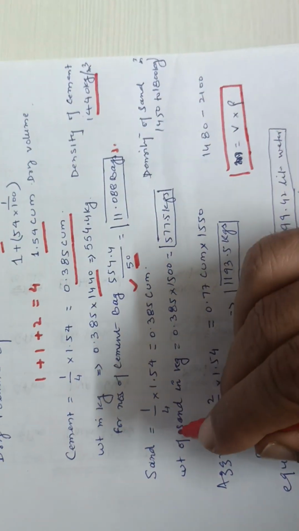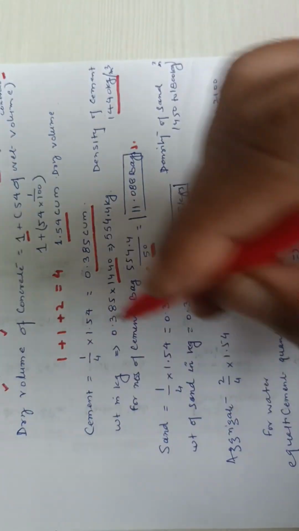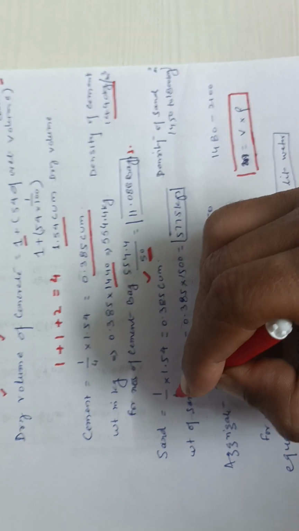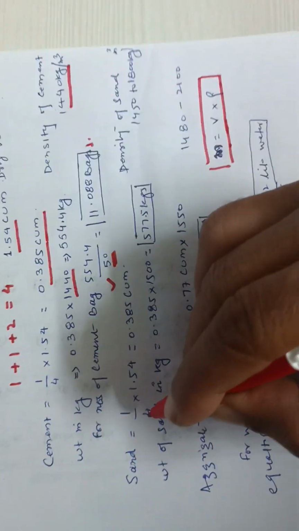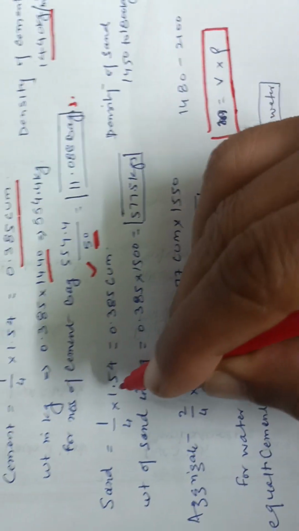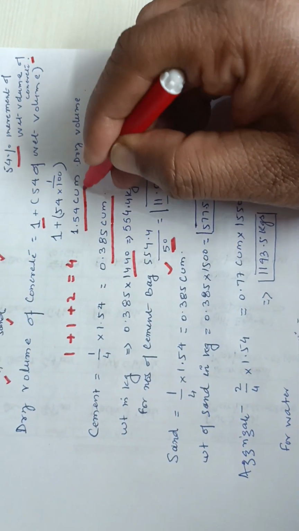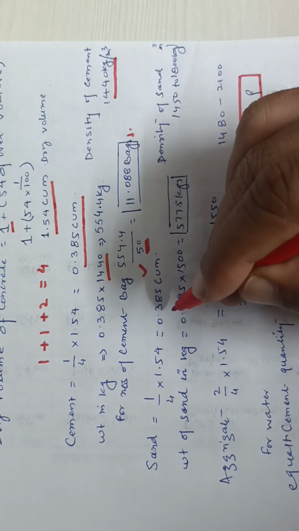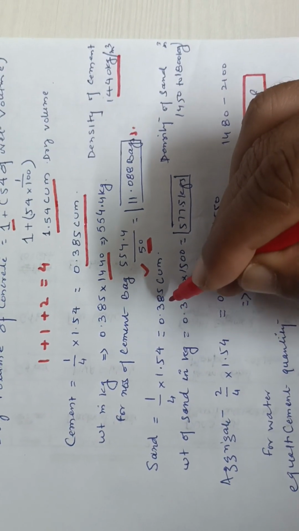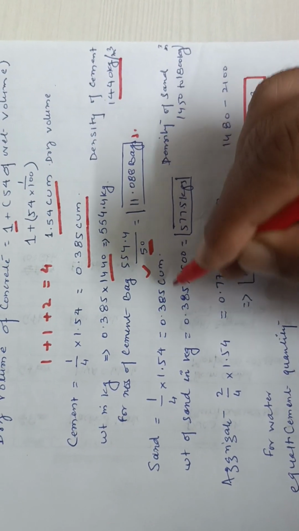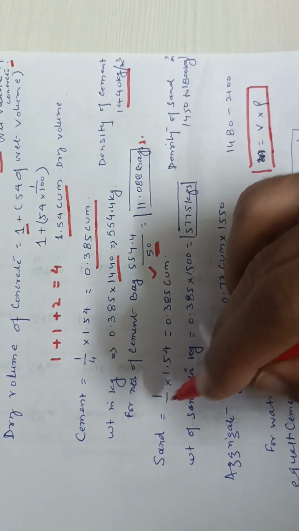Now next, sand. For sand it is the same, 1 by 4 because the ratio is also 1 here. So 1 by 4 into 1.54, where 1.54 is the dry volume, equals 0.385 cubic meter. You get the same because the ratio is 1 only.